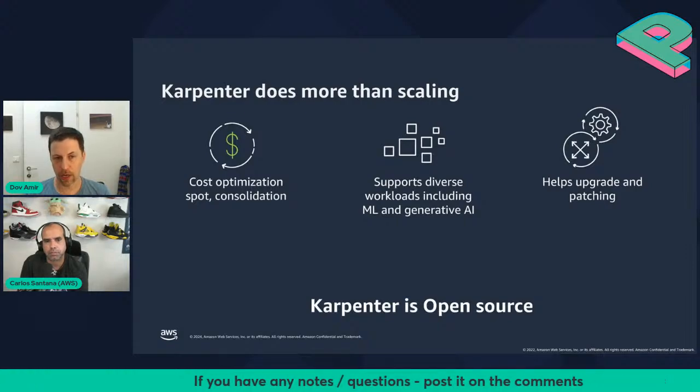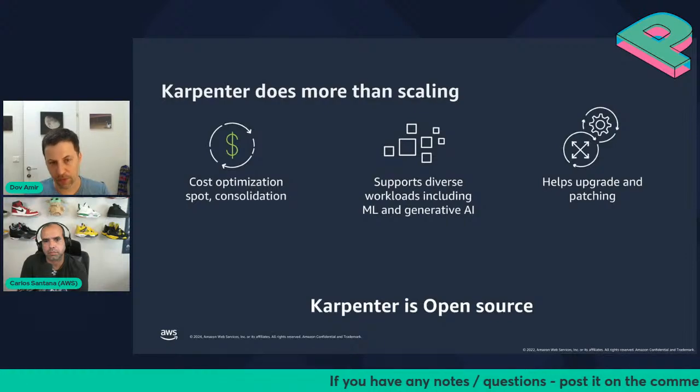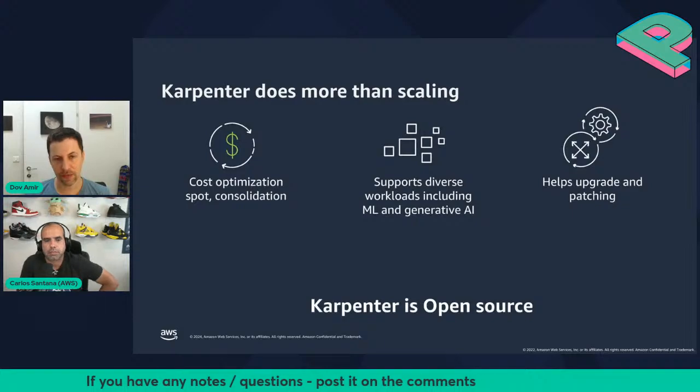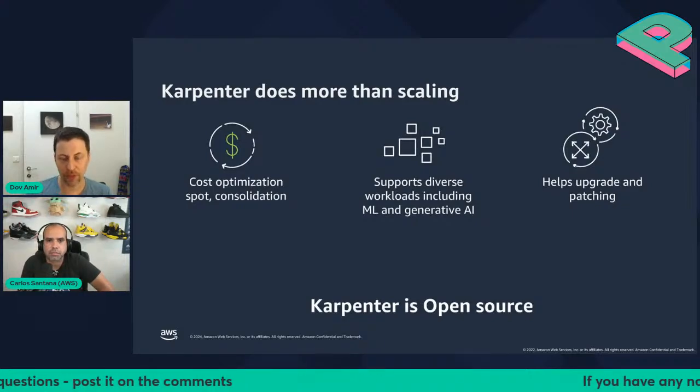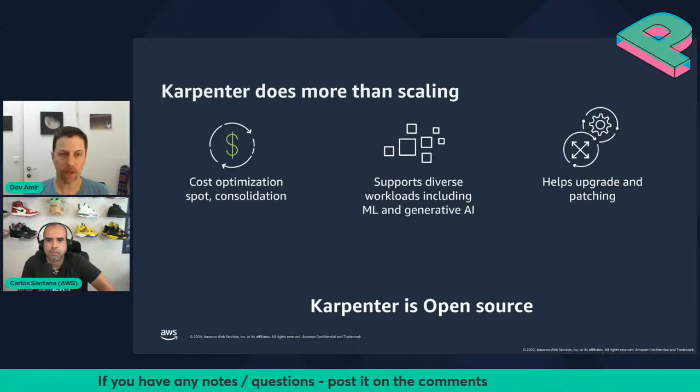I'll show how it works, but basically it doesn't only do the scale up and scale down. Also, in the down periods, it will always look at how it can optimize your cluster as it goes and bin pack your cluster in a more efficient way to reduce your number of instances and reduce your cost. It's all the time looking for ways to optimize your cluster actively.